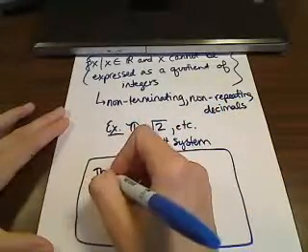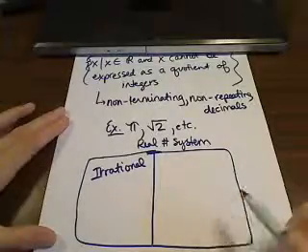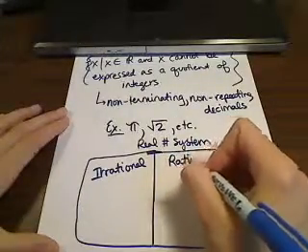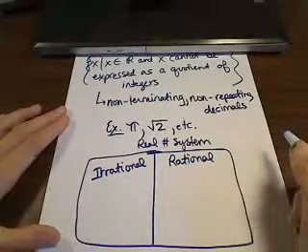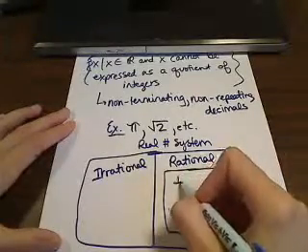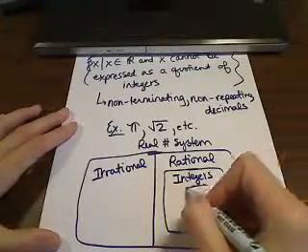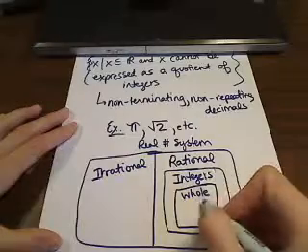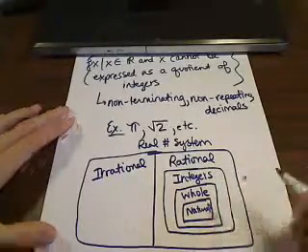We have our irrationals over here that have nothing to do with the rest of this real number system. They are separate. But then we have our rational numbers. And this idea of a subset starts to play out here because our integers are actually a subset of our rational numbers. And the whole numbers are actually a subset of the integers. And the natural numbers are a subset of the whole numbers.